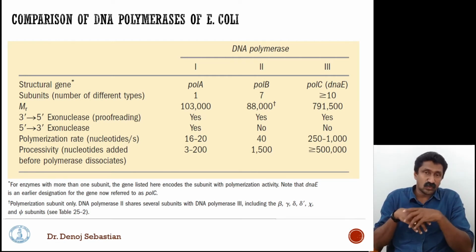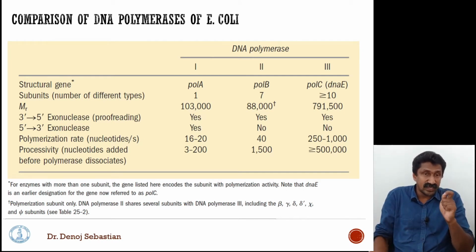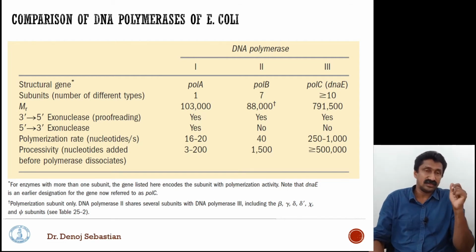In case of polymerase 1 it is 16 to 20, whereas polymerase 2 it is 40, and polymerase 3 you may note that it is up to 1000 nucleotides per second. That much rapid polymerization ability is there for DNA polymerase 3, whereas the other two polymerase enzymes 1 and 2 do not have that much efficiency in copying the DNA.